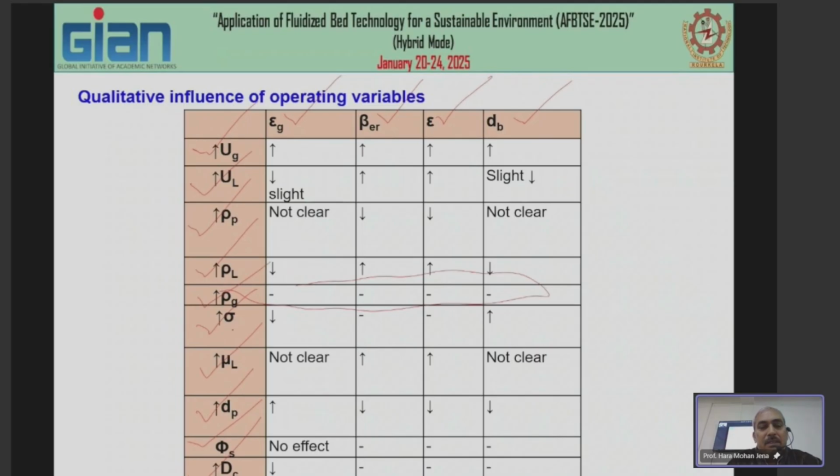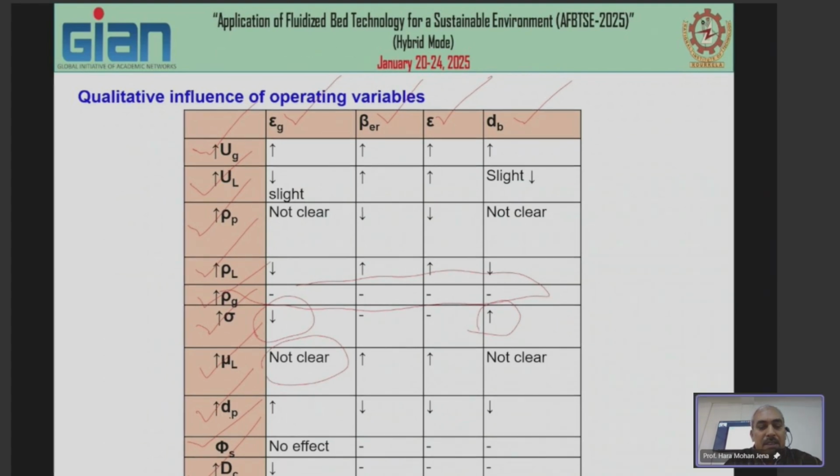And as far as the surface tension is concerned, with increase in surface tension, the gas hold-up decreases, and your bubble size increases here. With the increase in the viscosity, this viscosity and the surface tension come together because you are varying the liquid. So sometimes they are clubbed together. No clear study is there on the effect of the liquid viscosity on gas hold-up, but bed expansion increases, porosity increases.